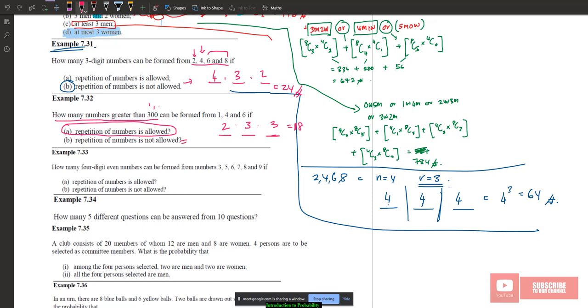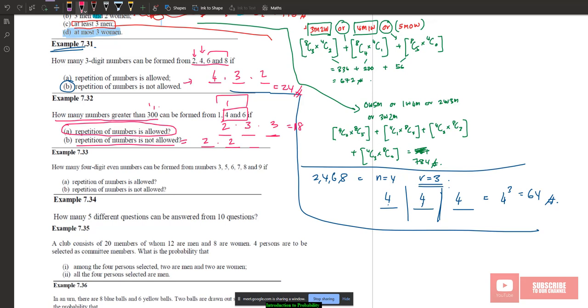If repetition is not allowed, same as before, the first digit should be either 4 or 6. If we already pick 4, you only have 1 and 6 left. If you pick 6, you only have 4 and 1 left. So the second place has 2 possible outcomes.